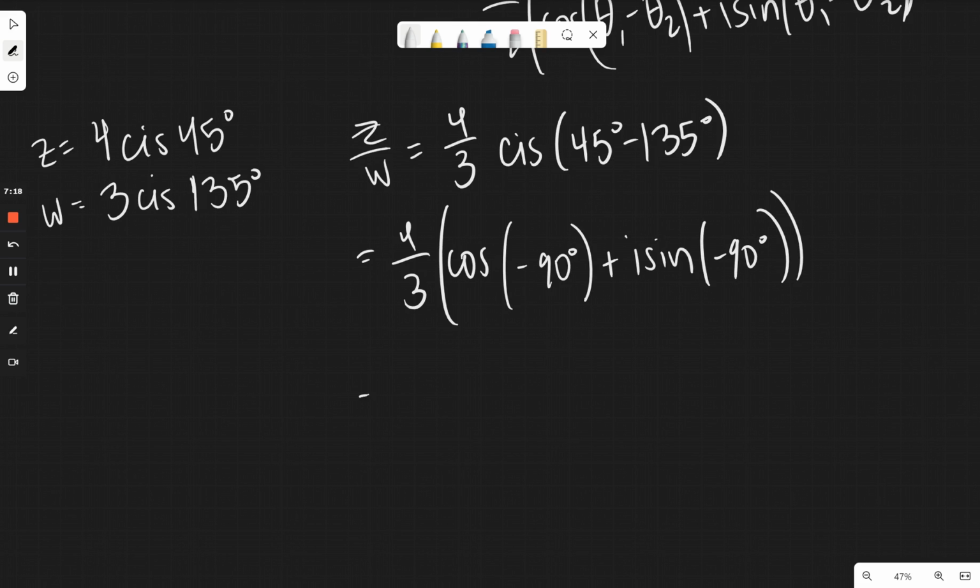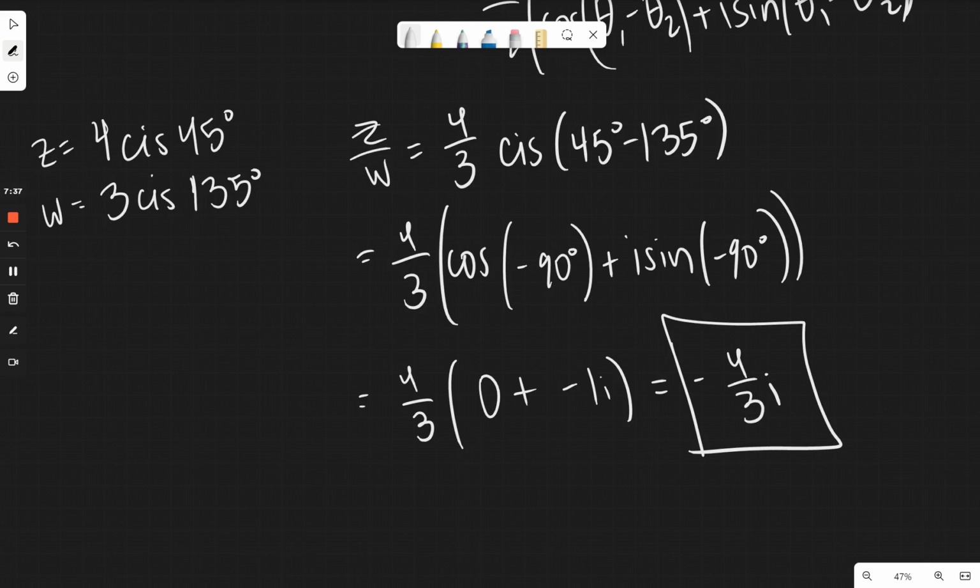And so this is just 4/3 times, the cosine of negative 90 is going to be 0, so 0 plus i, the sine of negative 90 is negative 1, so negative 1i. So this just becomes 4/3 times negative i. So it's negative 4/3 i as our final answer, dividing.